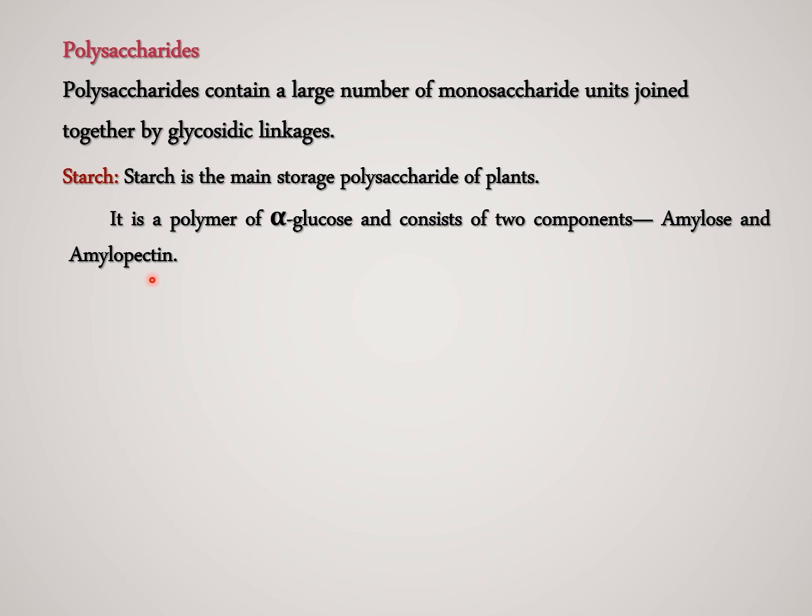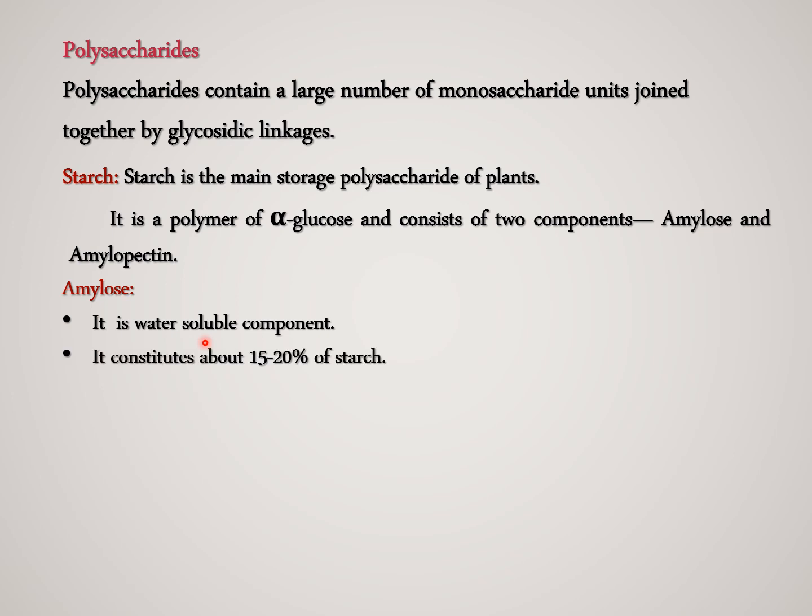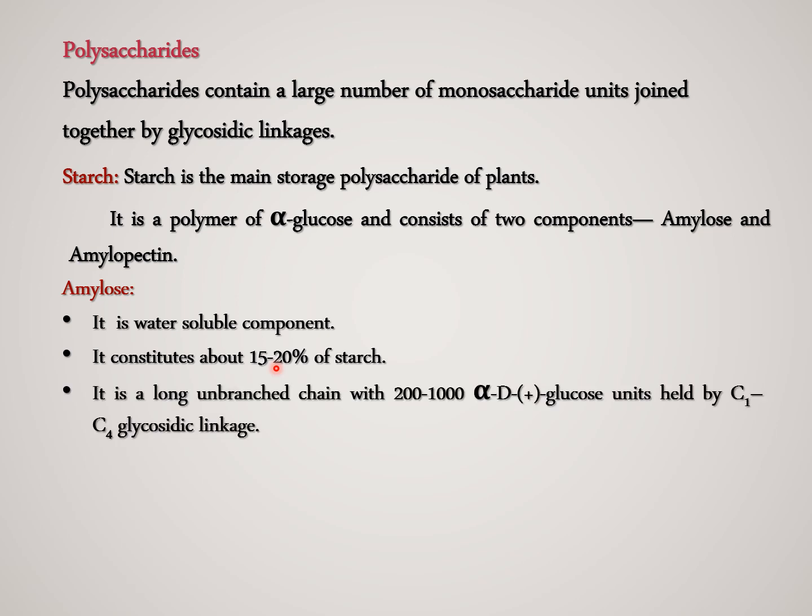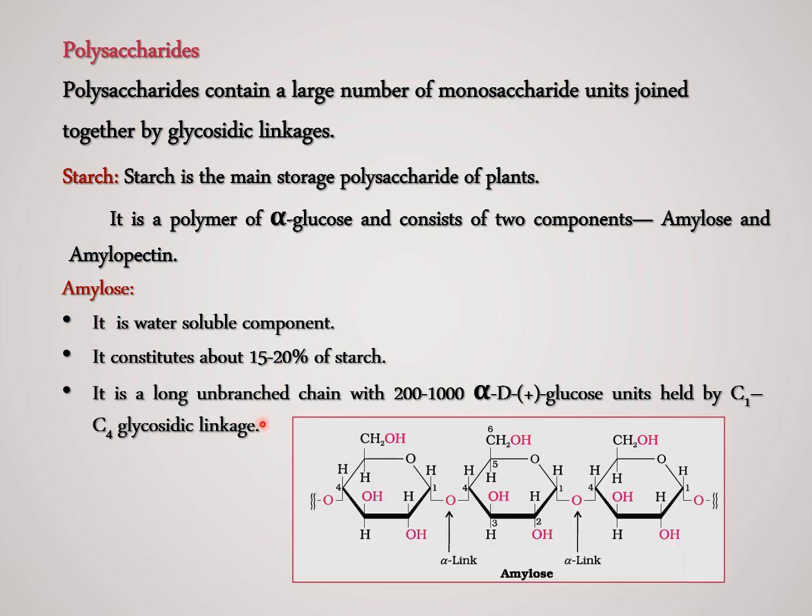Here, amylose is observed to be the water-soluble component of starch, and it is constituting about 15 to 20% of starch. Amylose has long unbranched chain with C1C4 glycosidic linkage, which is very similar to what you see in maltose.